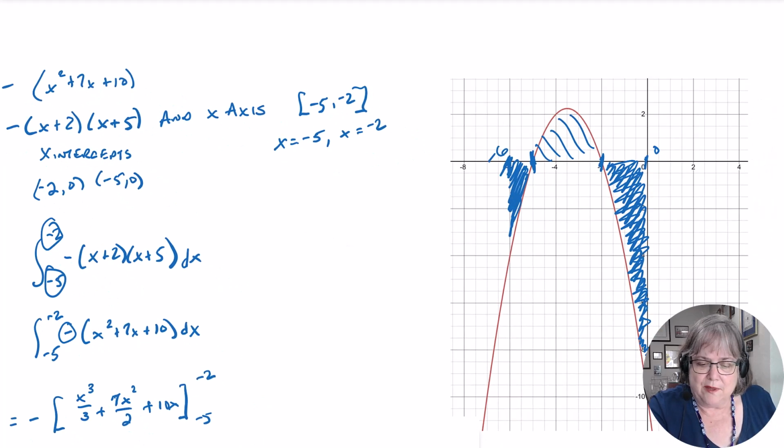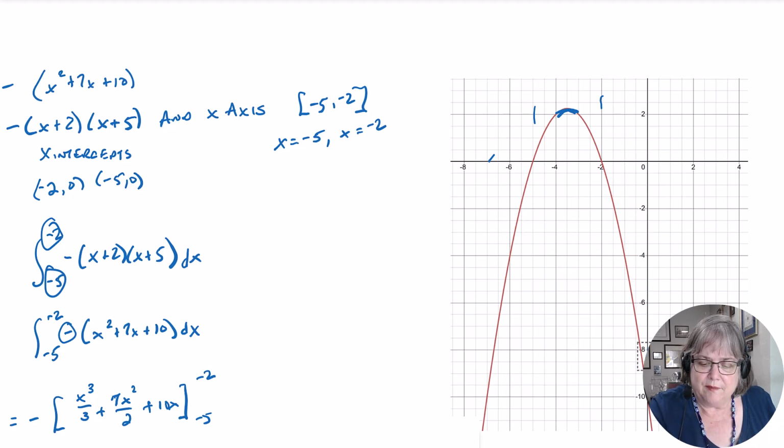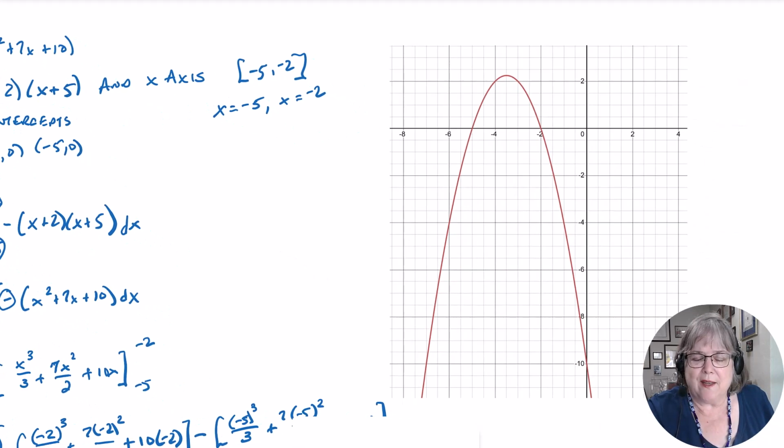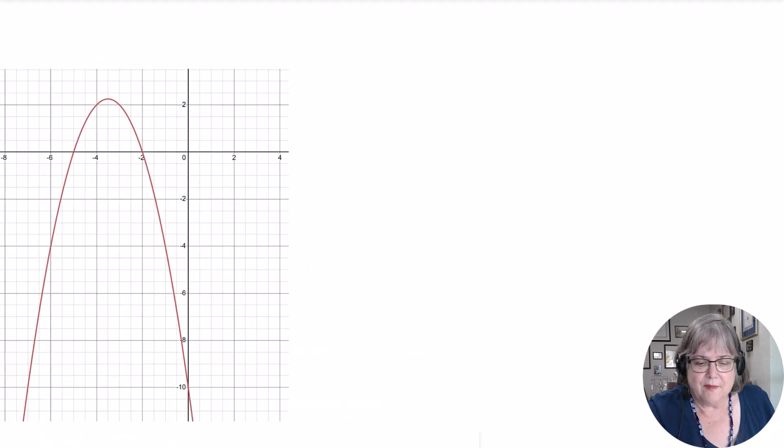So you would say, okay, I need x is -5, x is -2, this curve and the x-axis. So you look for something that is completely contained and say that's the section I want. So there's different ways to say it. But the gist is, once they say anything that implies the area, you have to graph it, right?